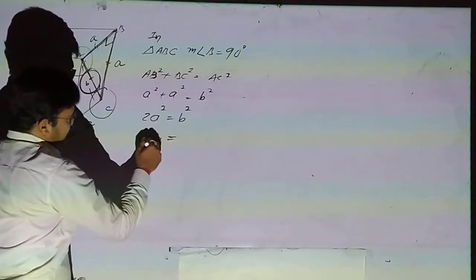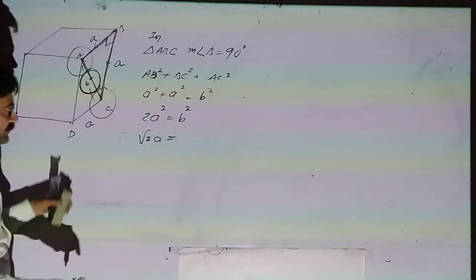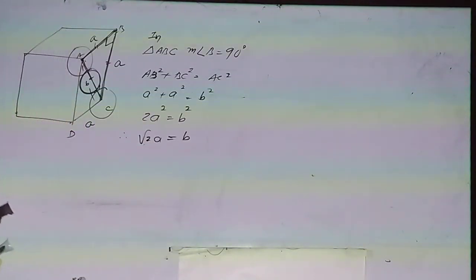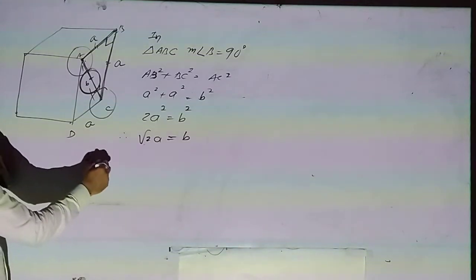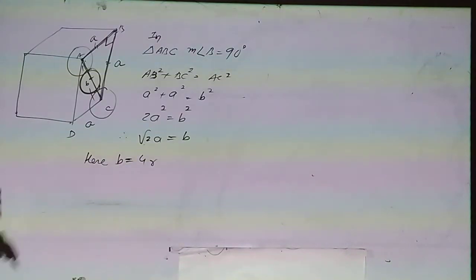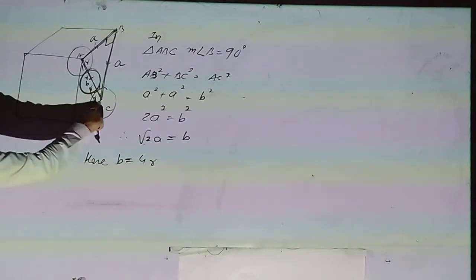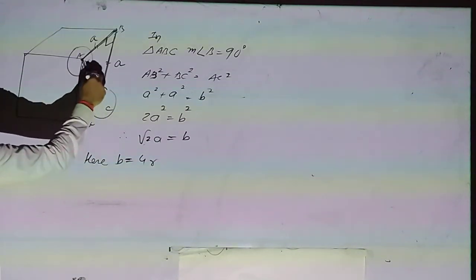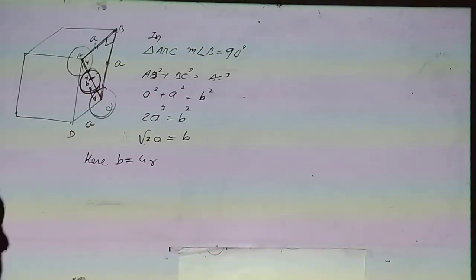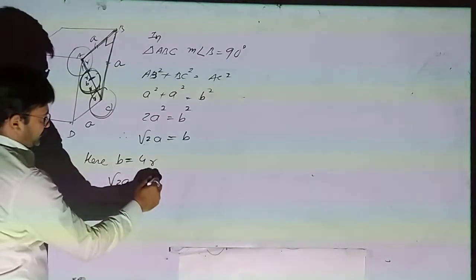Then we simplify, taking the square root, so root 2 into a is equal to b. But here you can see b is equal to 4r. Why? Here 4 times the radius: 1, 2, yes, 2 radii of the middle one and 2 radii of the corner. So total 4r. So root 2 a is equal to 4r.